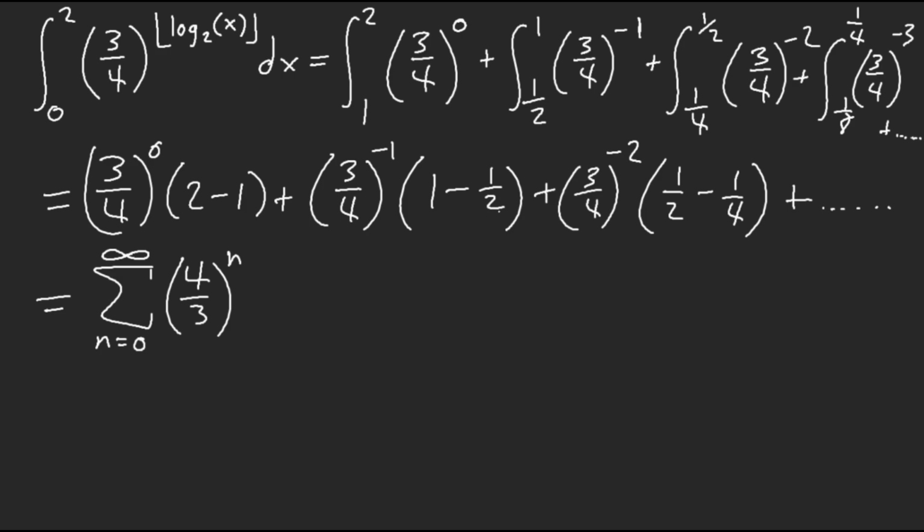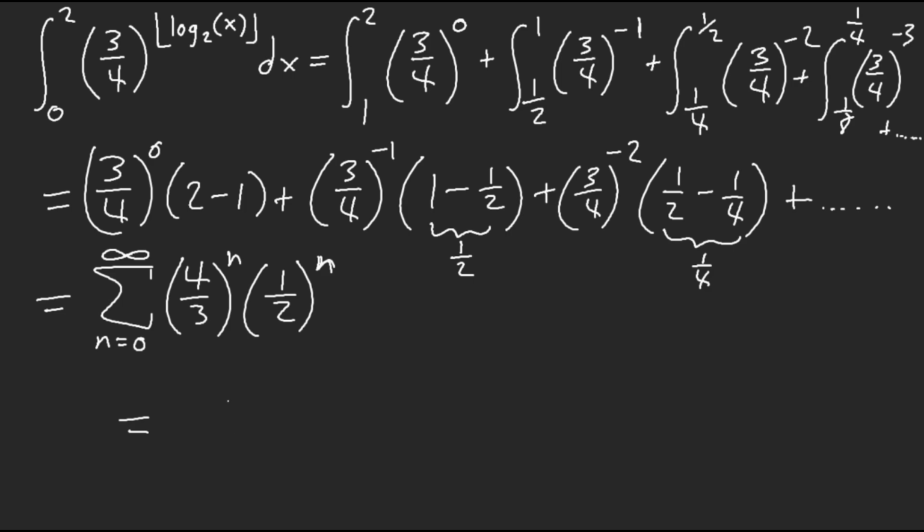Then 1/2. Wait, this is equal to 1/2. This is equal to 1/4. 1/4 minus 1/8 is 1/8. Wait a minute. This is also going by a half as well. Would you look at that?